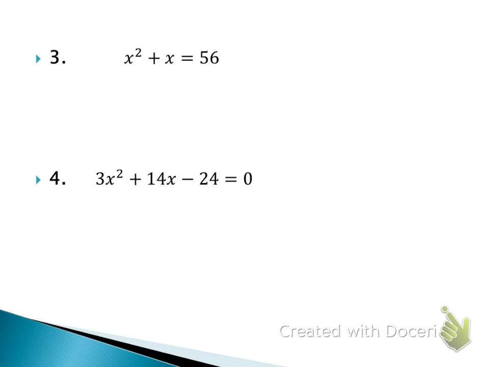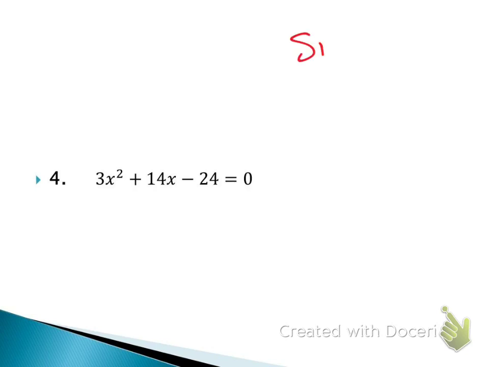Let's do number 4. On number 4, is it in standard form? Yes, it is. So we are ready to factor. Is there a GCF? No, there is not. So what method are we looking at? Bubble method.